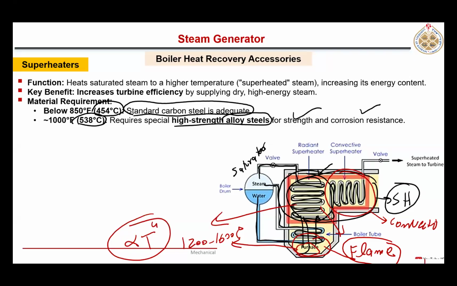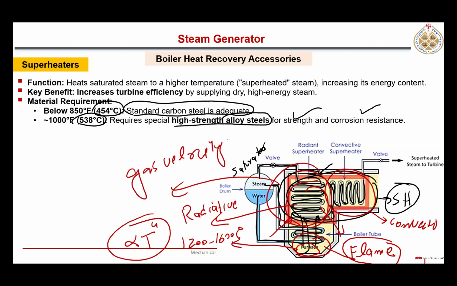So that becomes the main mode of heat transfer for those tubes which are near to those gases. So here radiative heat transfer is more dominant. All right. And also here the speed of those gases in this initial region, the gas velocity, is not very high. Okay, because they are just rising from the flame, right?